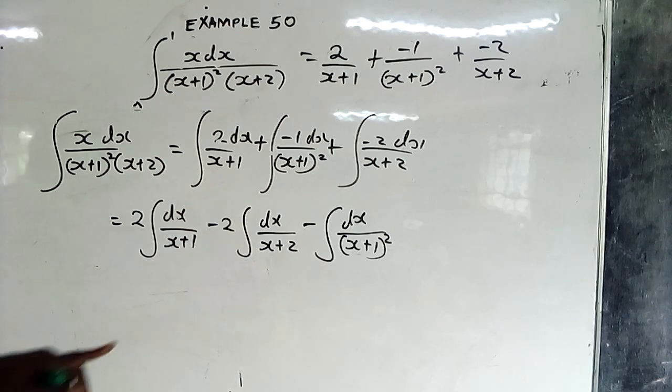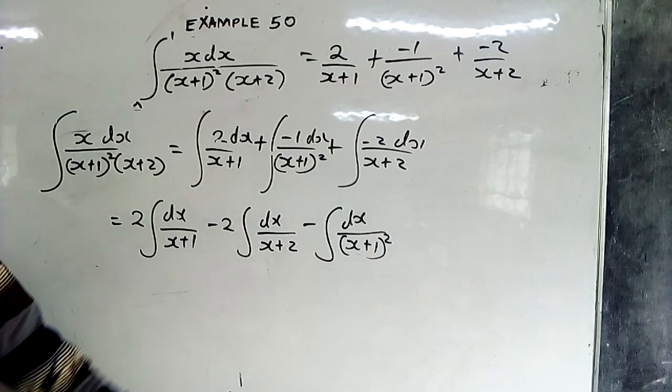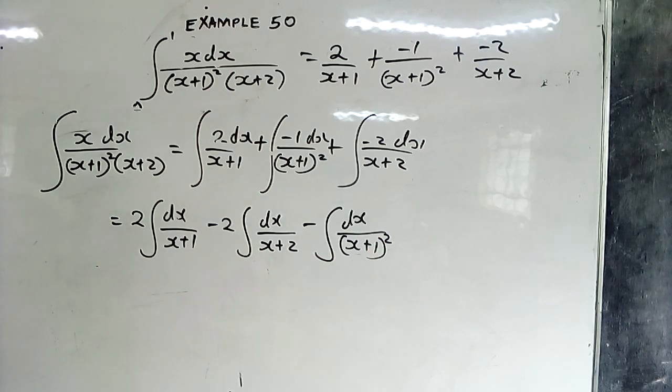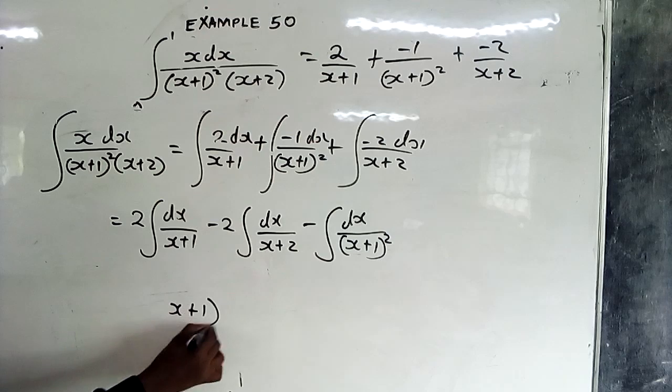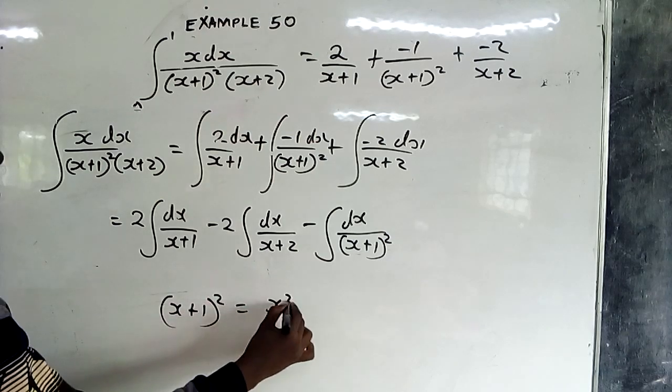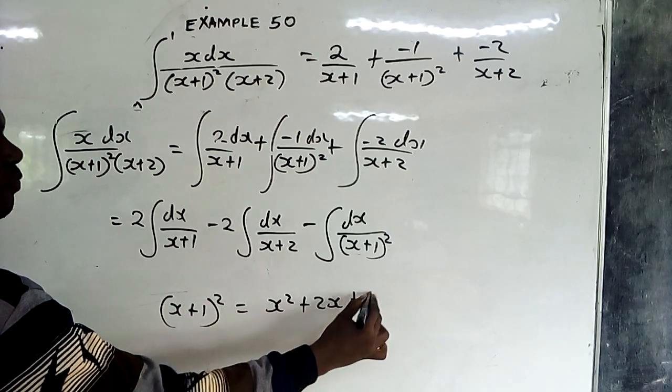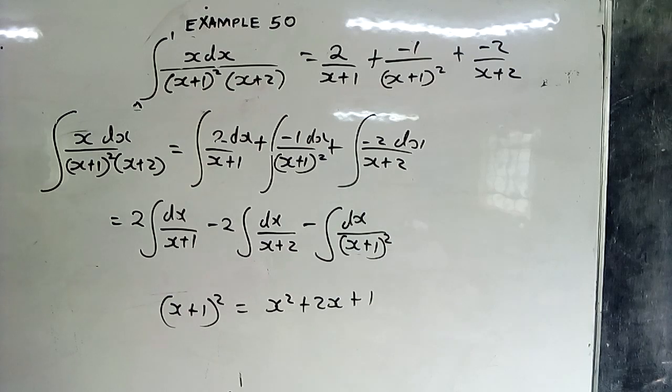How do we deal with this? Now, if you look at this, over x plus 1 squared, you can use completing the square for it to result into an inverse function. When you have x plus 1 squared, this is the same as x squared plus 2x plus 1.